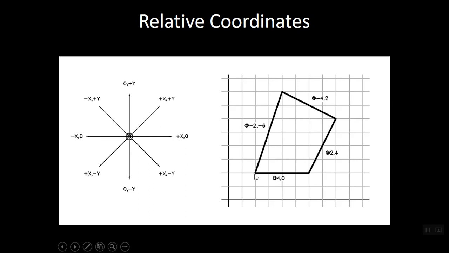So here, if I just started in the middle of nowhere, and I said at 4, 0, what you're asking AutoCAD to do is forget about the number line. From that point, go 4 to the right, but don't go up or down in the y-axis, right? 4 in the x is the change, but 0 change in the y-axis.